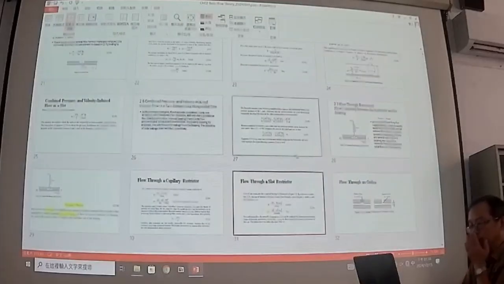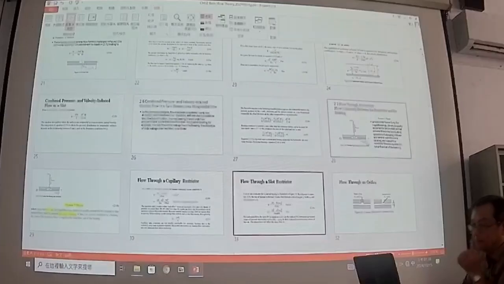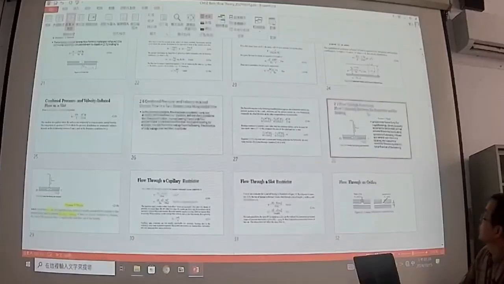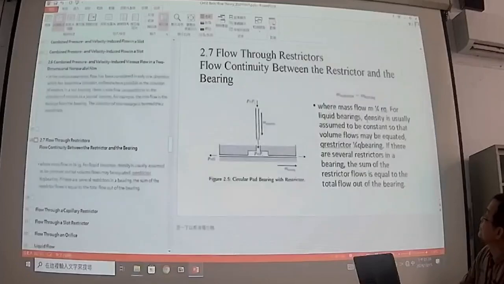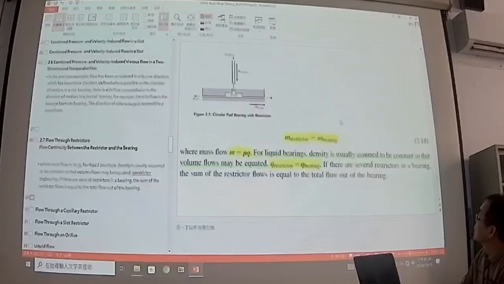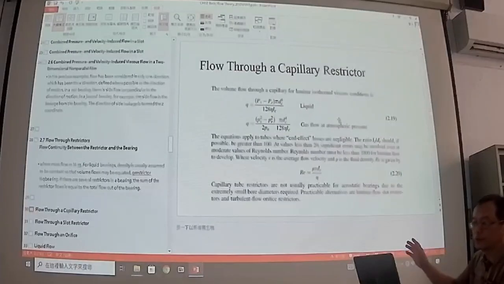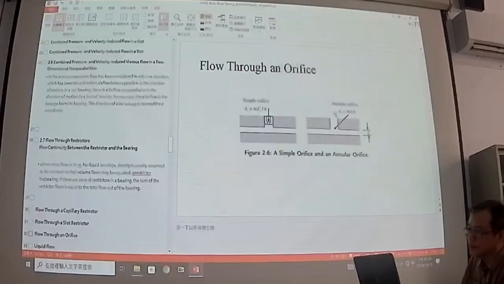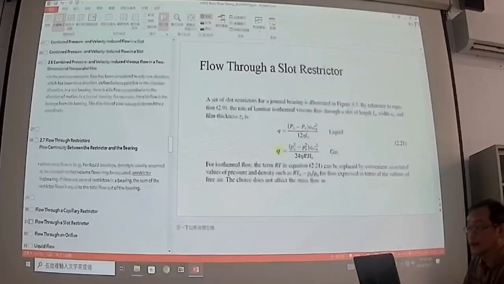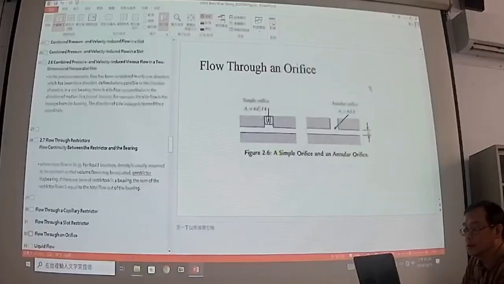So we have to write some of the equations for the circular bearing passing through the capillary restrictor, and as well as the orifice restrictor.